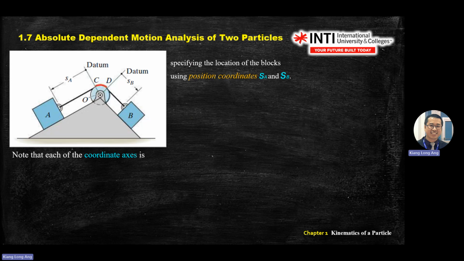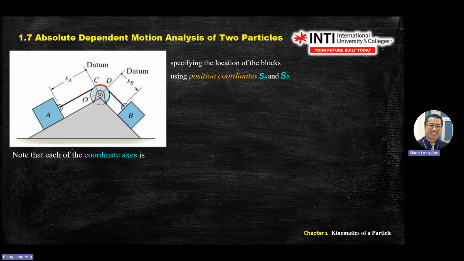Then, first we use position coordinates SA and SB. So SA, SB, sometimes SC and SD and so on. Important is you know your datum. Don't confuse between the datums. So this one, for example, this SA is referring from C to the position going down on the left.